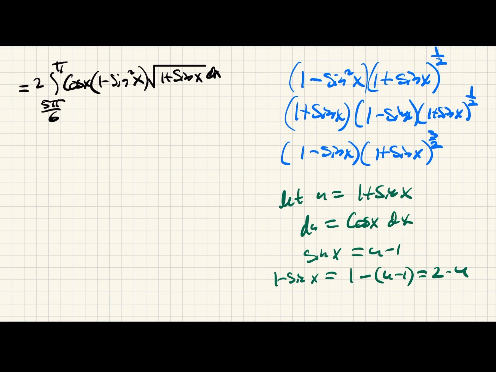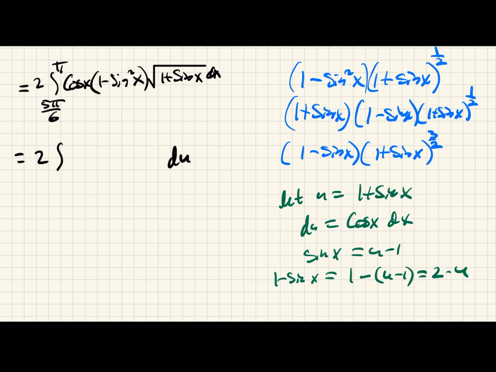Okay, now, what do we got? Can we substitute some of that mess in here? So we have 2 times the integral. Now we're making u substitutions, so we're killing the limits of integration. The cosine x dx is just du, right? What's left is the 1 minus sine x times 1 plus sine x to the 3/2.